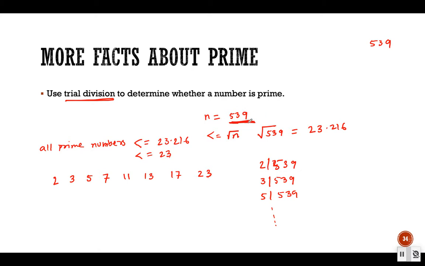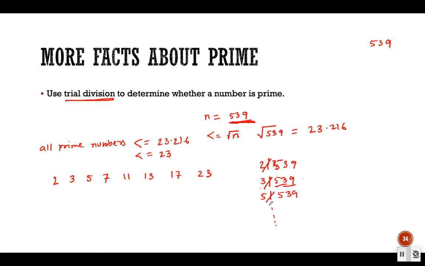We know that if the number is odd, 2 doesn't divide it. For 3, there is a simple rule: add all the digits. 5 plus 5 plus 3 is 8, 8 plus 9 is 17, and 17 is not divisible by 3, so this number is not divisible by 3. And 5 doesn't divide 539.